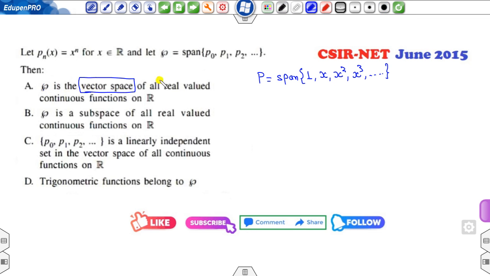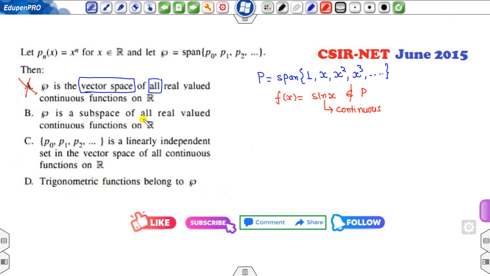P is a vector space of all real valued continuous functions. If I choose the function sin x, does it belong to P? No, but it's a continuous function. Fine. It's a continuous function, but does not belong to P. So this option is cancelled.